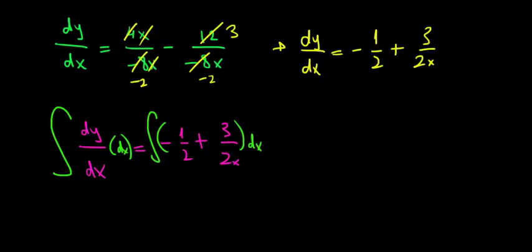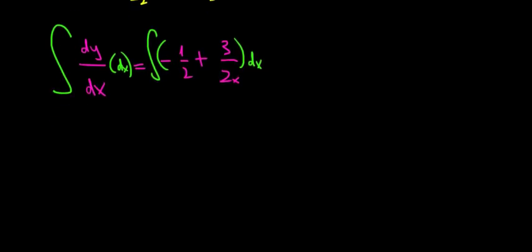So what is the integral of dy dx? That would be just y from here equals to, what is the integral of minus 1 over 2? That's minus 1 over 2x plus, what is the result over here?